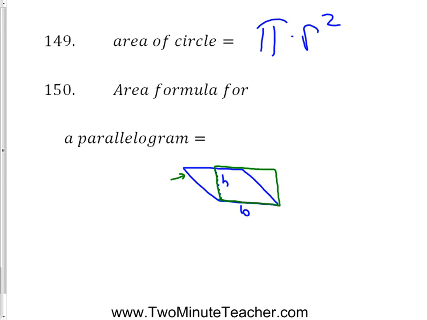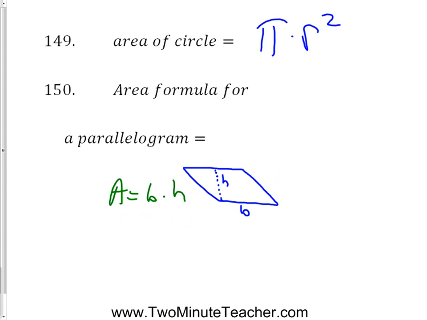The base times the height would still be accurate. Another way to think of it is you could cut off this part right here, and I could move it over there, and it would be a rectangle with base times height. Okay, so the area of the parallelogram is base times height.